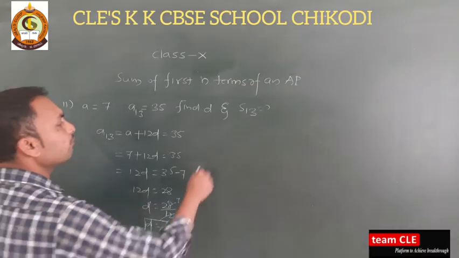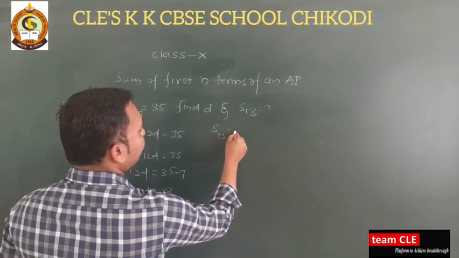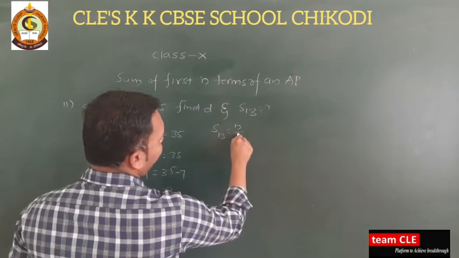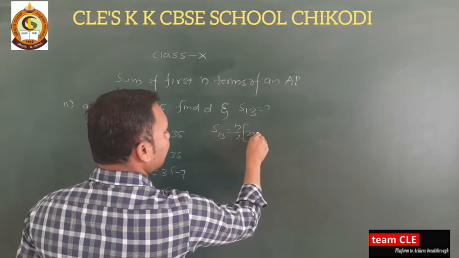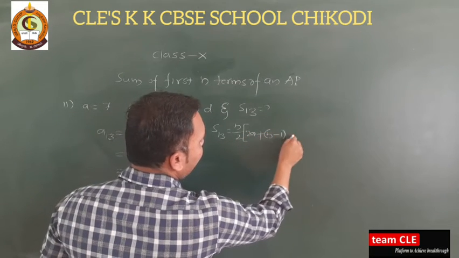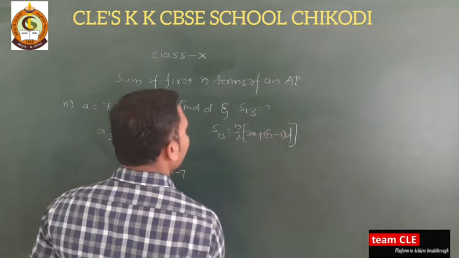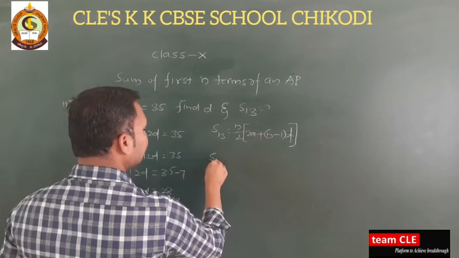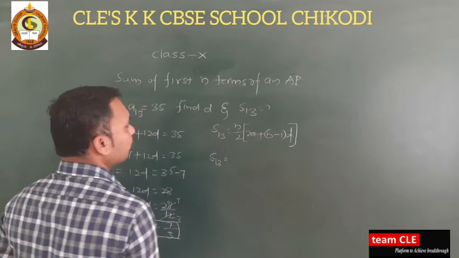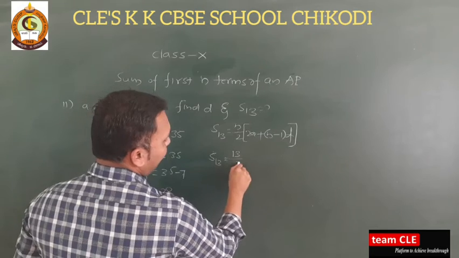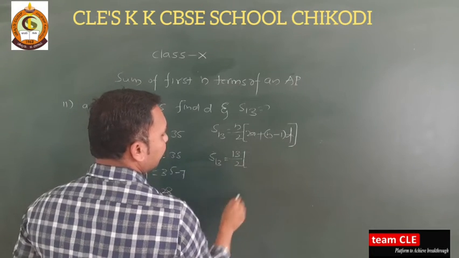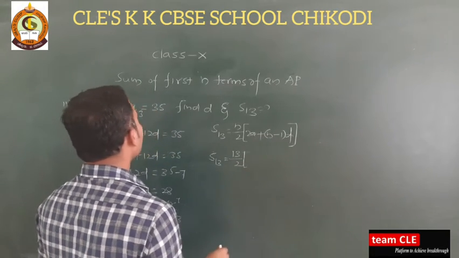S of 13. So S of 13 we need to find. We have the formula n by 2 into bracket of 2a plus n minus 1 into D. Now S of 13 is equal to 13 by 2 into bracket of 2a.